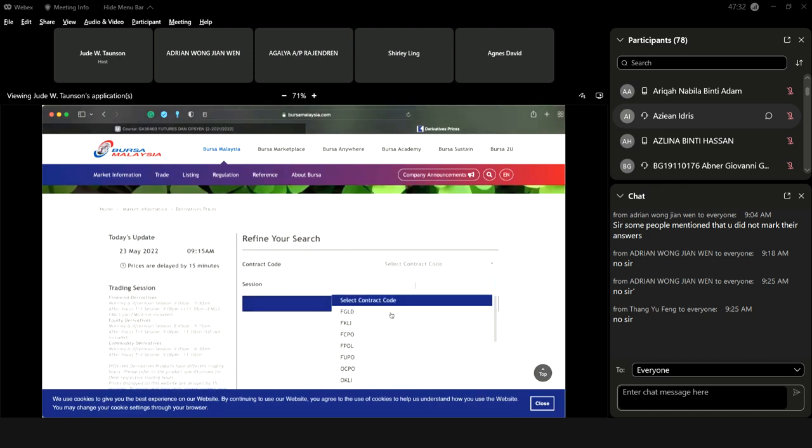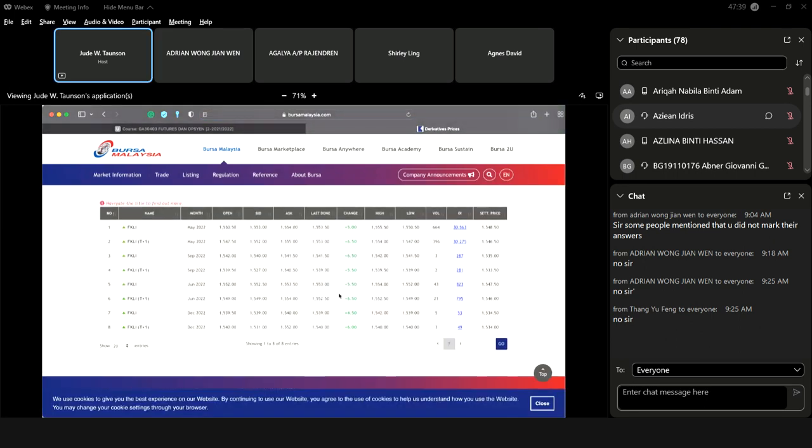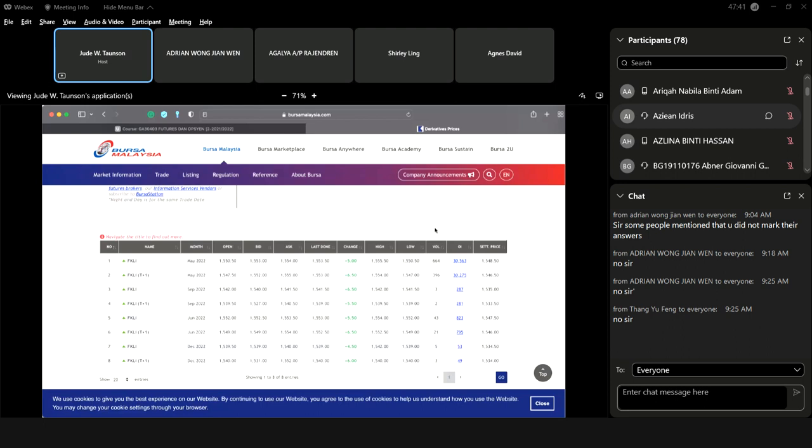This is the settlement price. We use the settlement price, because here we have open, bid, ask, last done, change, high, low, volume, open interest. Another important terminology: the settlement price. So I will take this price.